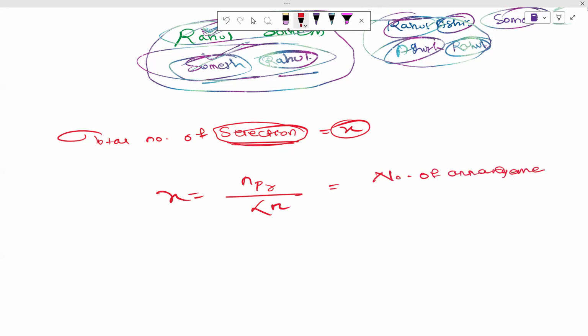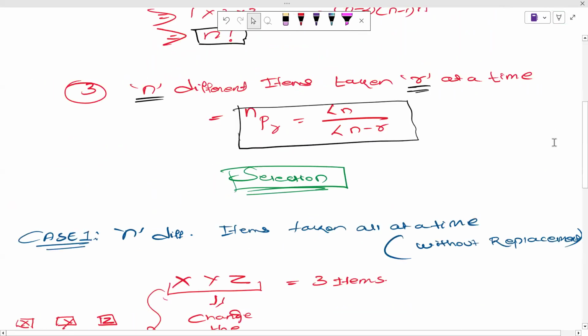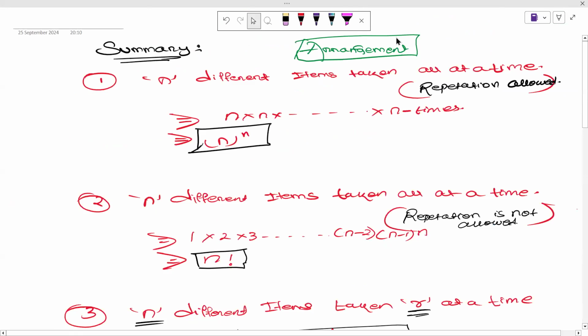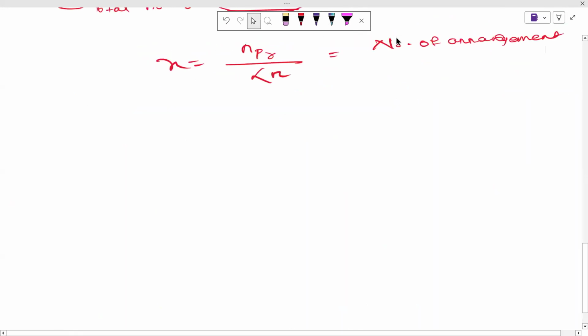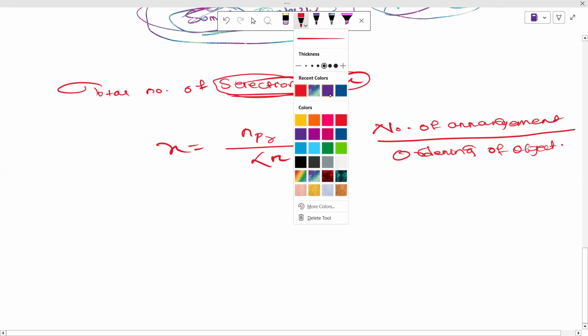Why am I writing these things? Because nPr comes under arrangement. So now, next, divided by, so now, what is this? Ordering of objects. Why am I doing this part? Listen, because the point is what?